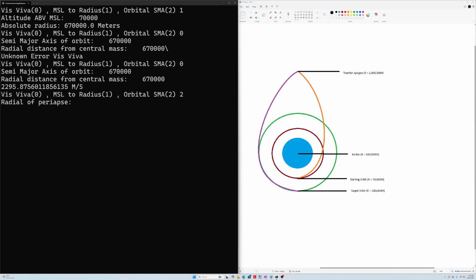The radial of our periapsis, very simple, 670,000 meters. The radial of our apoapsis will be the radius of Kerbin appended to our apogee altitude above mean sea level. So in this case, that would be 2,600,000 meters.